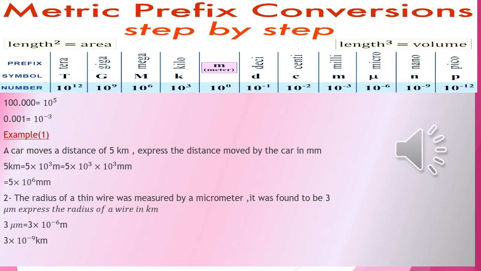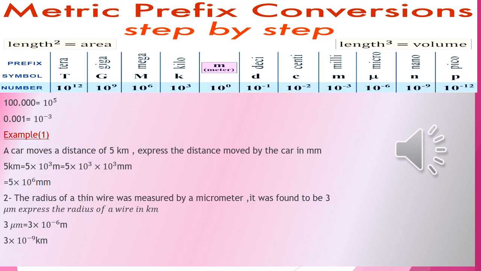For example, 0.001: we have 0, 0, 1, so it's called 10 to the power negative 3.